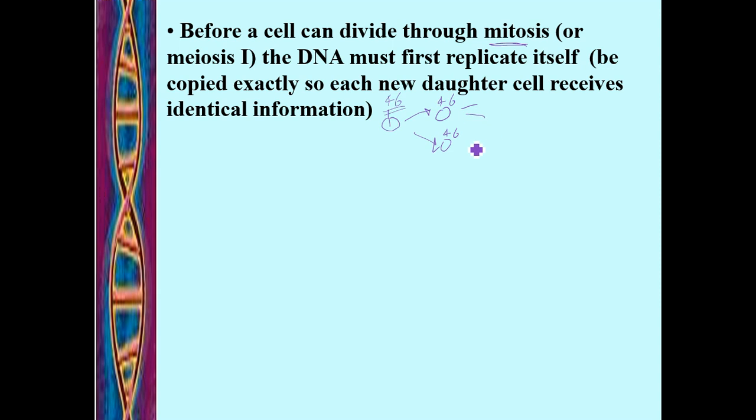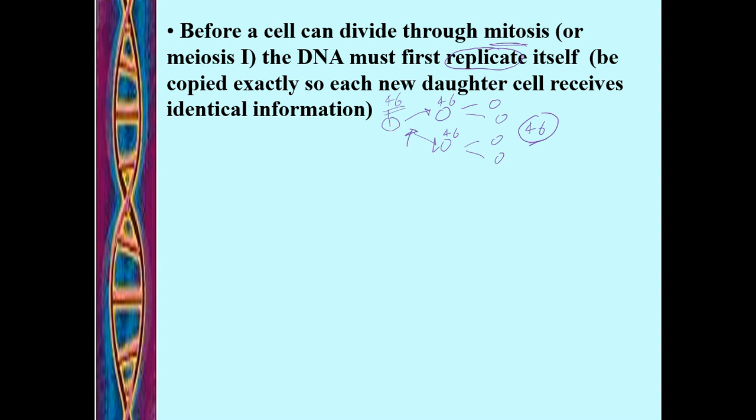Then these ones divided into two, and this one divided into two, and all along the way, all of these cells of yours have 46 chromosomes. So before we divide up the chromosomes, what we need to do in between here is duplicate, or replicate, the chromosomes.